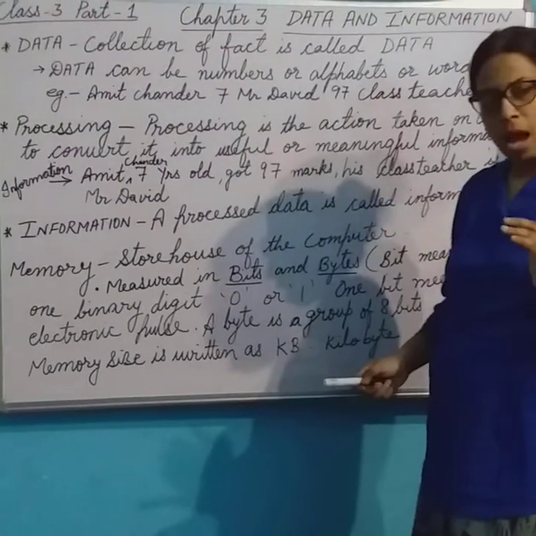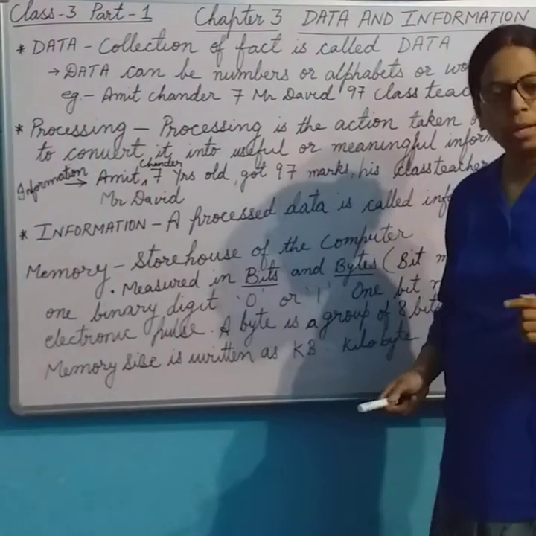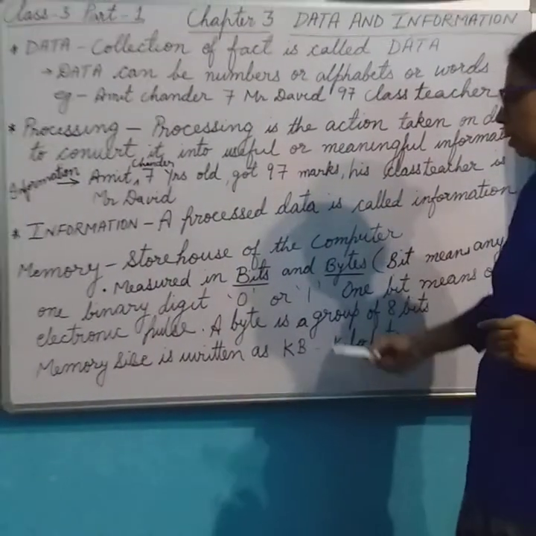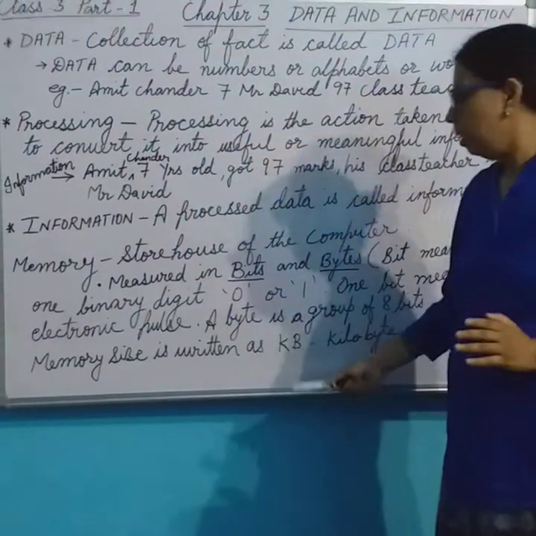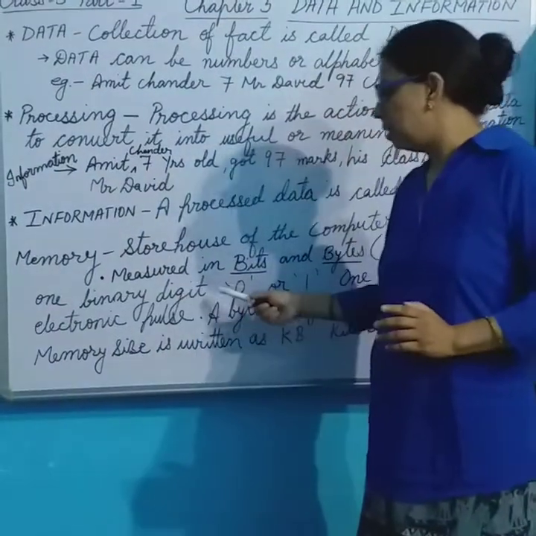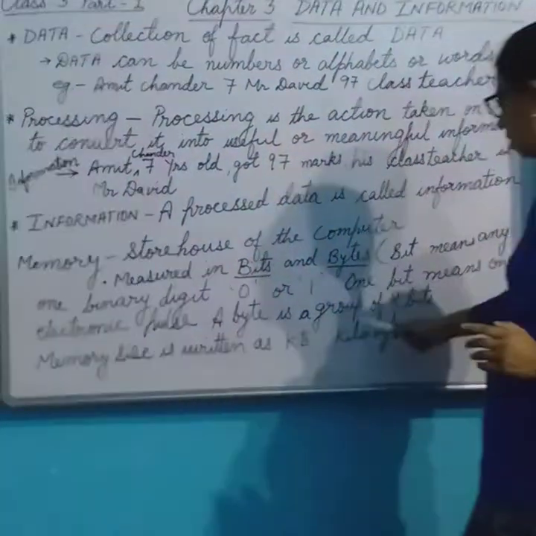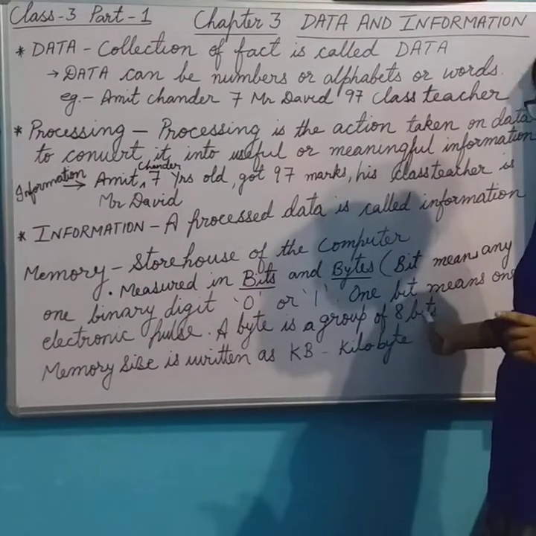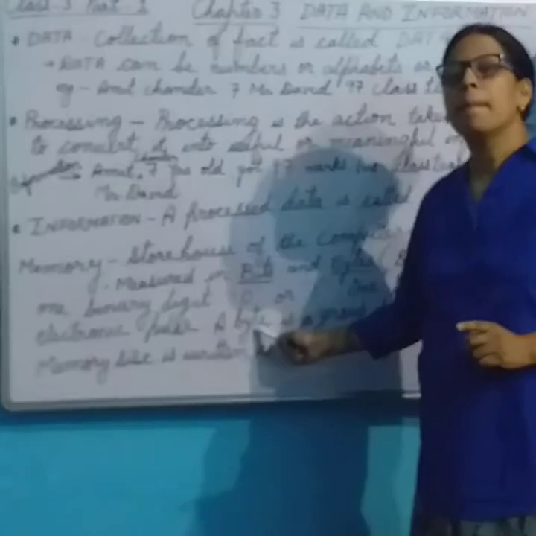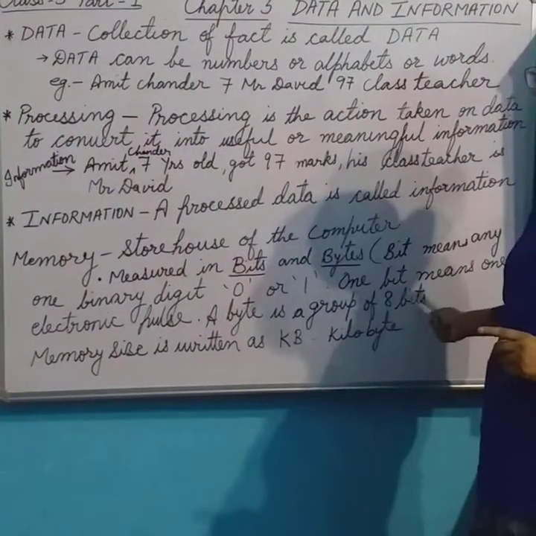You know that these devices, laptops, mobiles, computers, are all electronic devices, and electronic devices store things in their memory in the form of binary digits, that is 0 and 1. That is called an electronic pulse. Now, when 8 bits come together, they form 1 byte. So, a byte is equal to 8 bits.